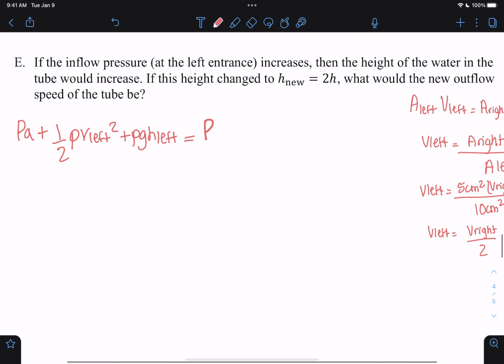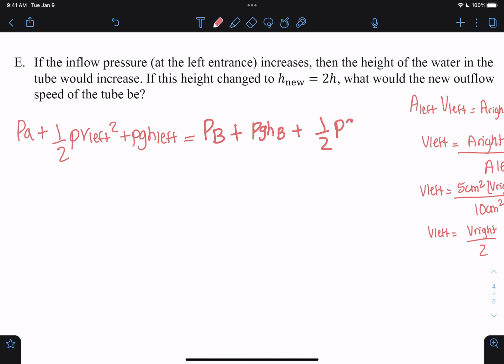And then we have rho B plus rho g h B plus half rho V right squared. And so we said from before that we don't want to write things as V left. We'll write it as V right divided by 2.